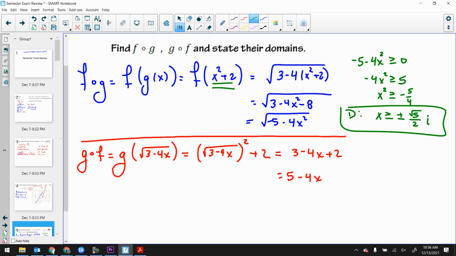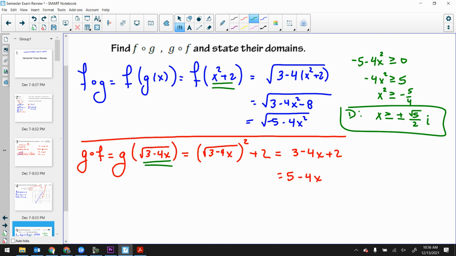Now, let's think about the domain of g of f. What's my innermost function now? The square root of 3 minus 4x. Do I have to restrict the domain there?